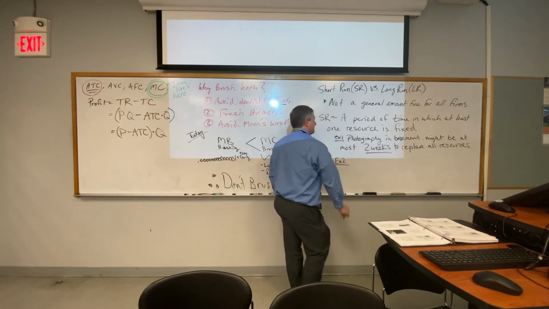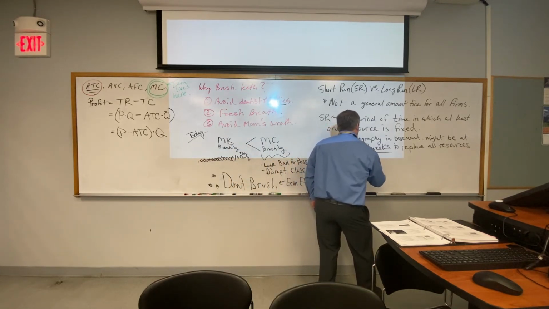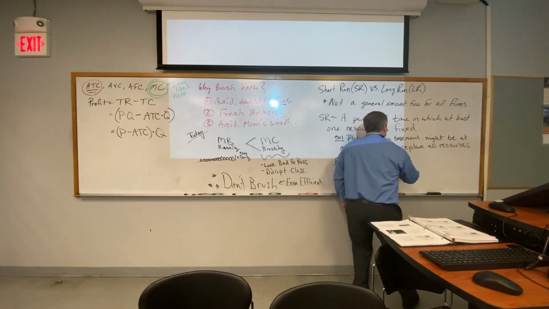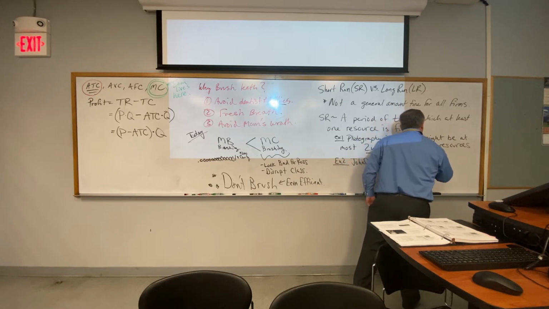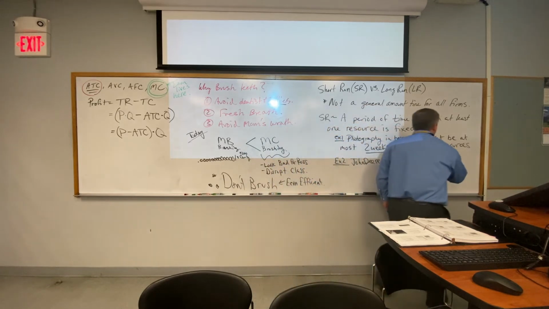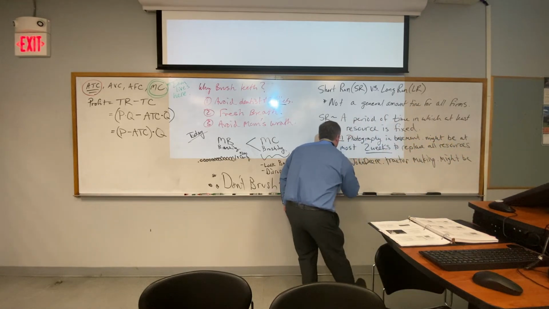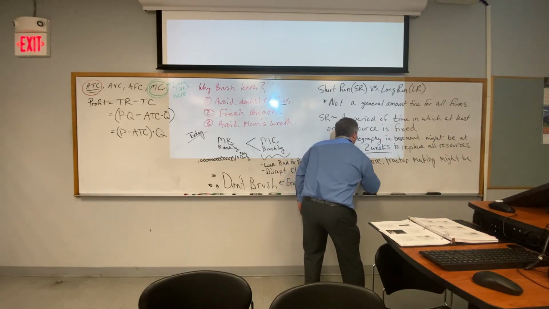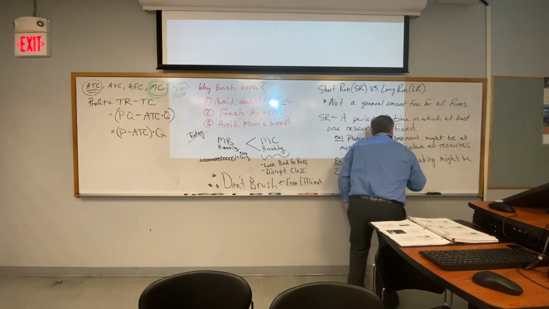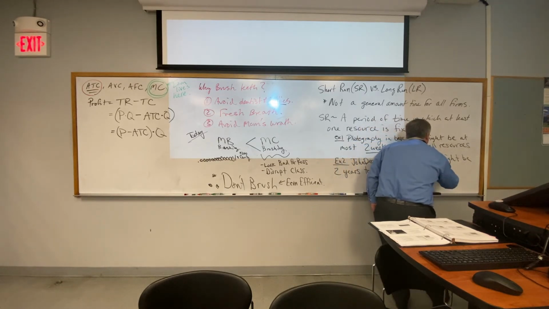Example number 2, if we're making tractors, so John Deere, nothing runs like a deer, John Deere tractor manufacturing, might be at least 2 years to replace or expand all resources.